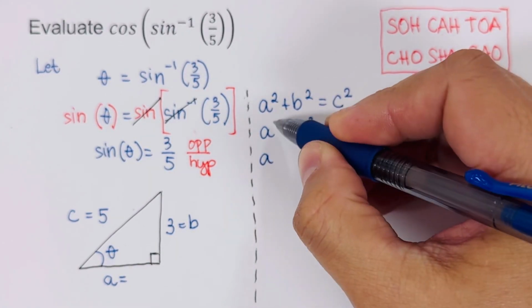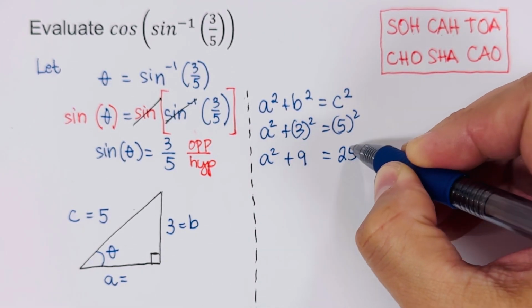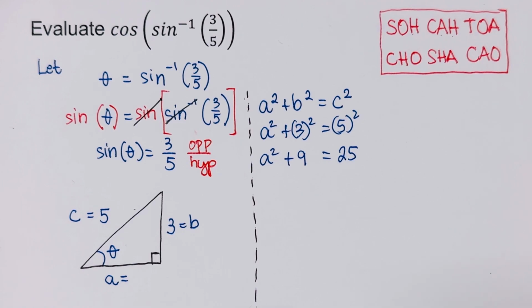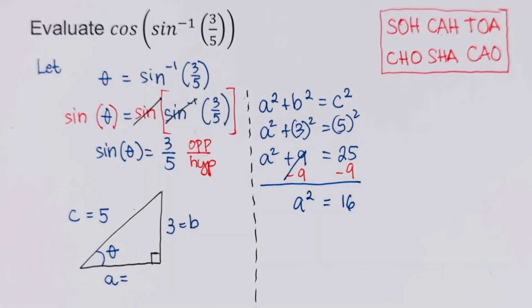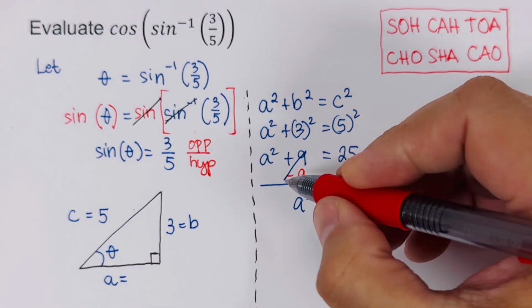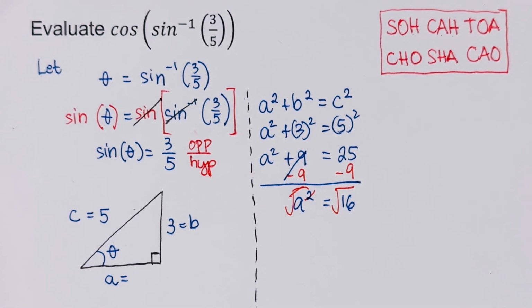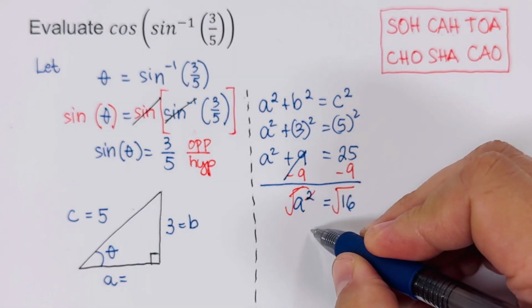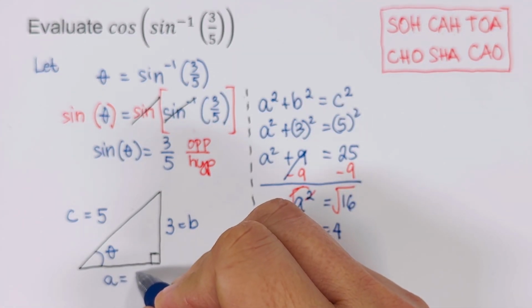So this comes out A squared plus 9 equals 25. We want A by itself, so I'm going to go ahead and subtract 9 from both sides. Since we want A by itself here, we're going to square root both sides so we can cross out the squared and square root. Our A then is square root of 16, which is 4. So this A right here is 4.